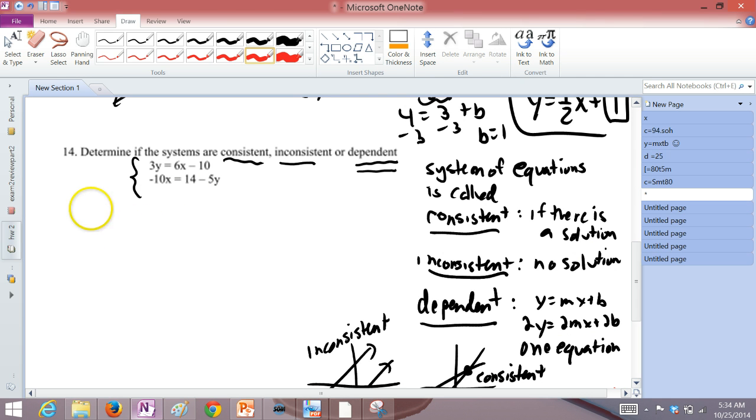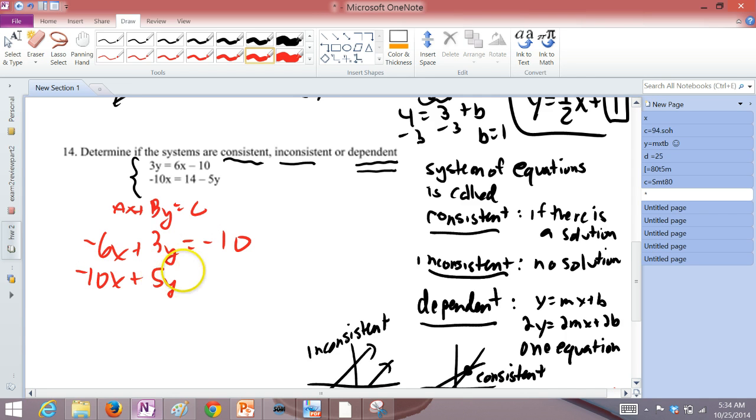So with this situation here, let's put them in the same format, either ax plus by equals c, or y equals mx plus b. Let's go with ax plus by equals c, usually with a system you want it in this form. Let's say negative 6x plus 3y equals negative 10, and negative 10x plus 5y equals 14.